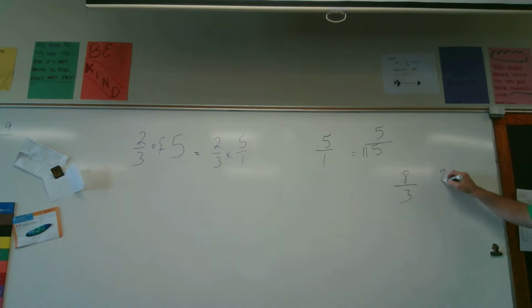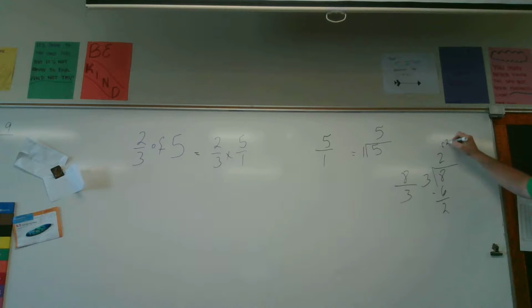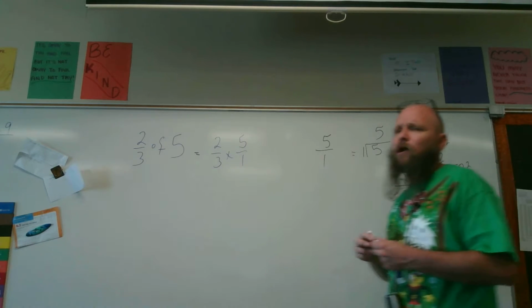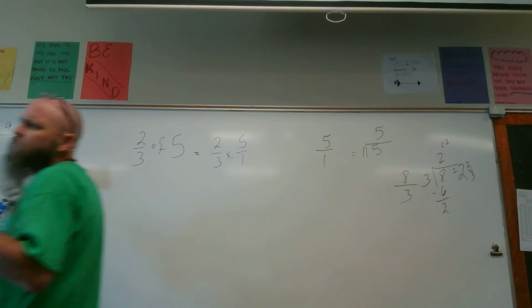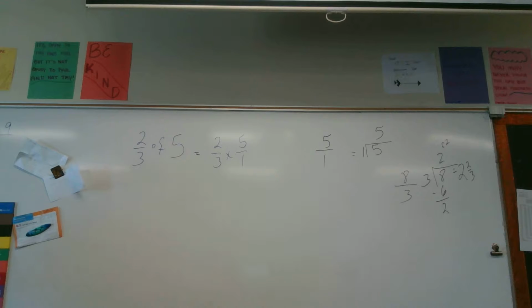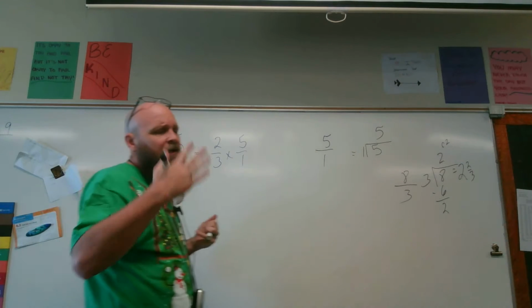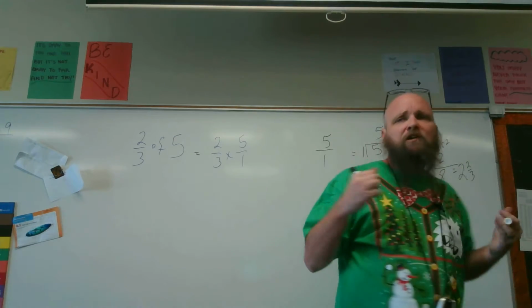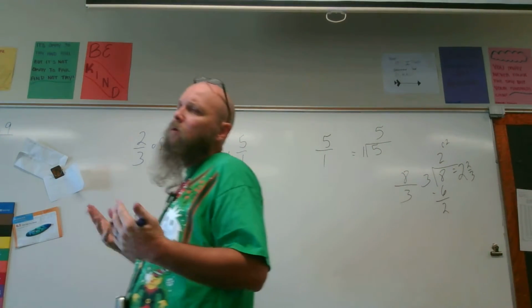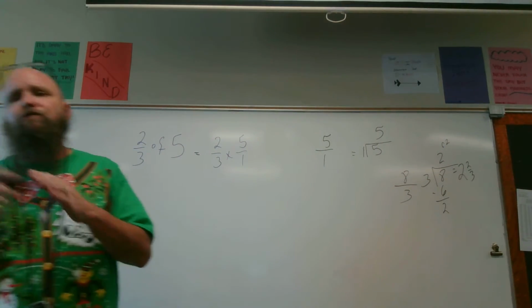Well, it would be 8 divided by 3, which would be 2, 6, subtract, and you get 2, remainder 2, or 2 and 2 thirds. So it's the exact same way that you've done in the past, that you have notes on, in case you have a test over this, and you have to change your answer to a mixed number. Now you remember how, and you could always use your notes.